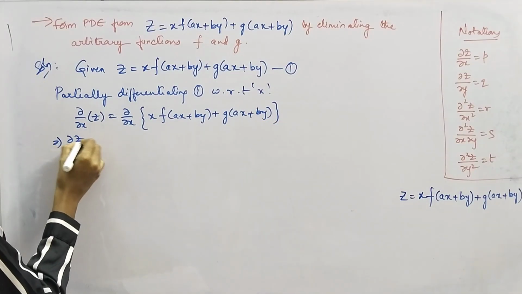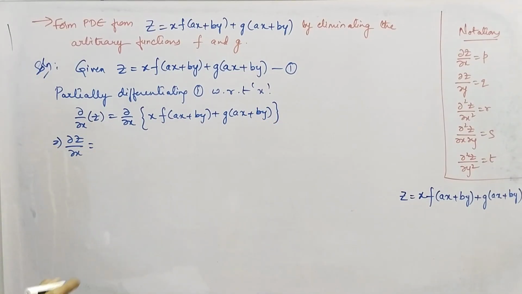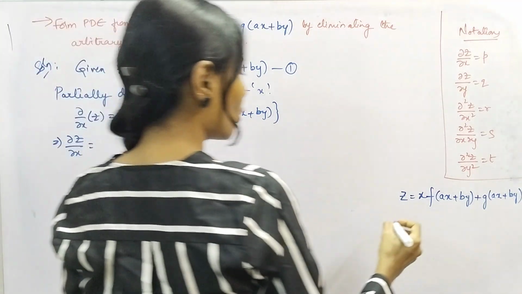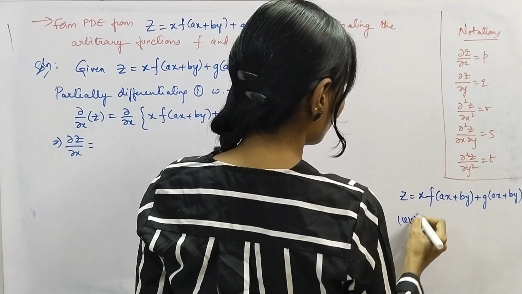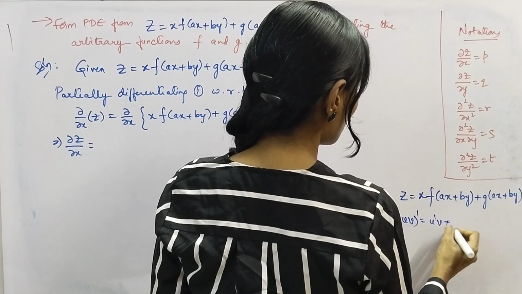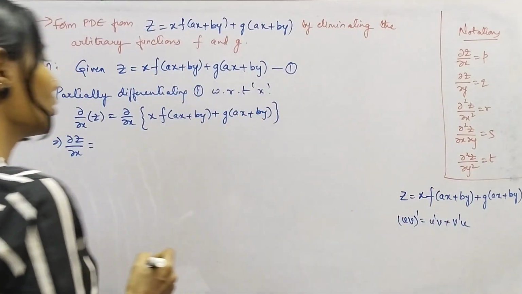Fine. This gives us dou z by dou x equal to partial derivative of x into f of ax plus by. So here we are going to apply the u v whole prime formula, which is u prime v plus v prime u, right? Fine.